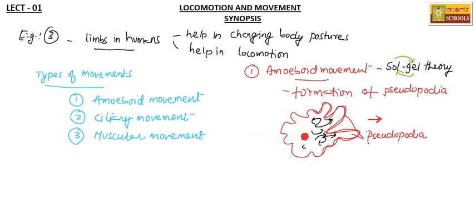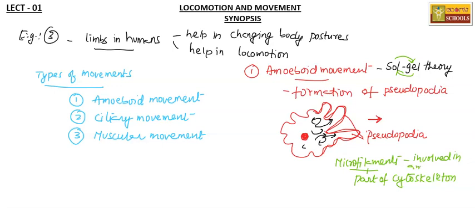There are also skeletal elements called microfilaments, which are part of the cytoskeleton, and these microfilaments are also involved in amoeboid movement.